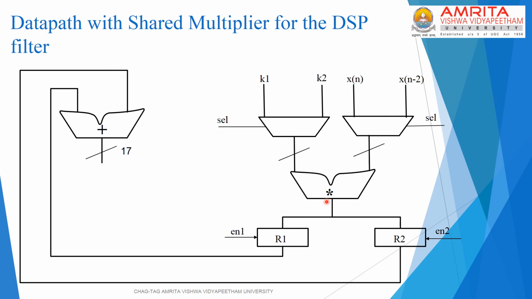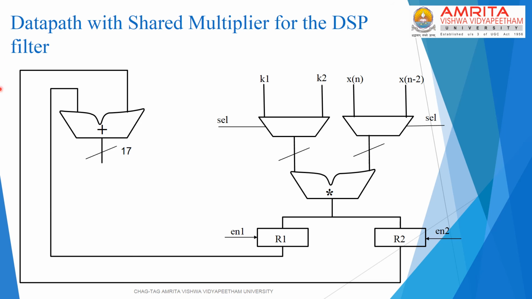At the output of the multiplier, you can see a pair of registers. These registers are required because the outcomes of the multiplication process in the first and second cycle are used by the adder only in the third cycle.